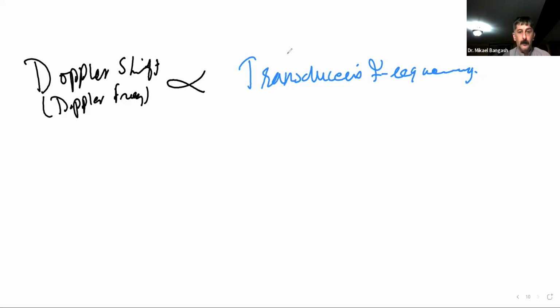Let's take an example of two transducers with two different frequencies. We have a 4 megahertz transducer and an 8 megahertz transducer.